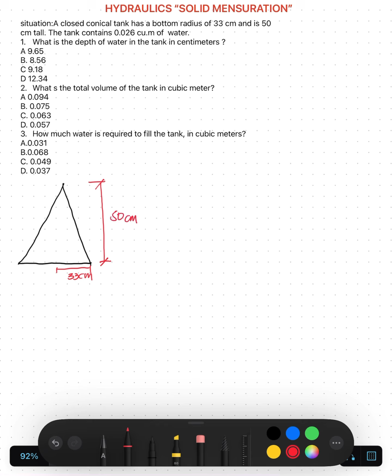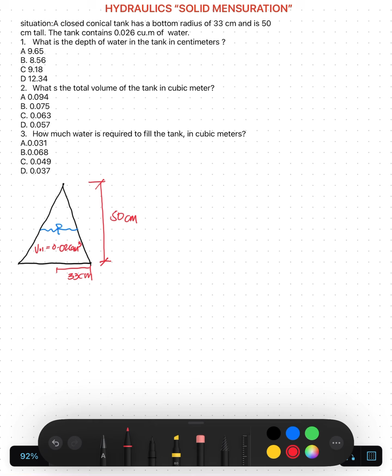Now it states that it contains 0.026 cubic meter of water. So it has water of 0.026 cubic meter. Now what is the depth of water?